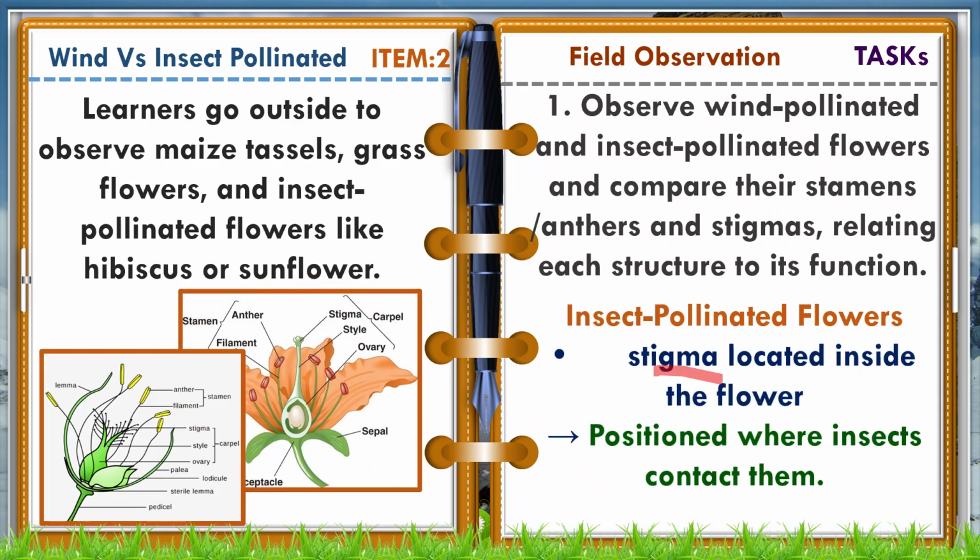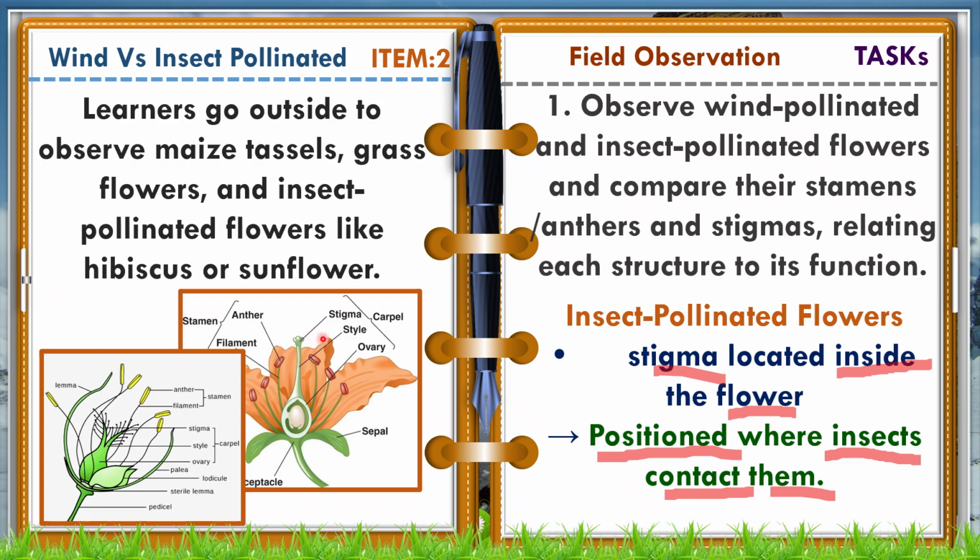The stigma is located inside the flower. Why? They are positioned where insects can come into contact with them. So when you look at the stigma here, you see that the stigma is always positioned in places where it can come into contact with the insect.